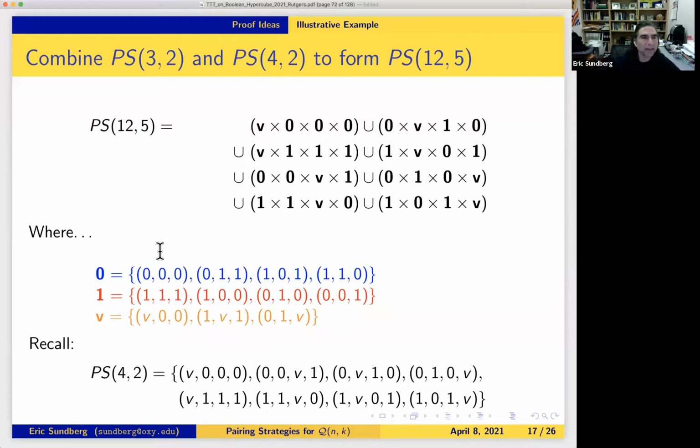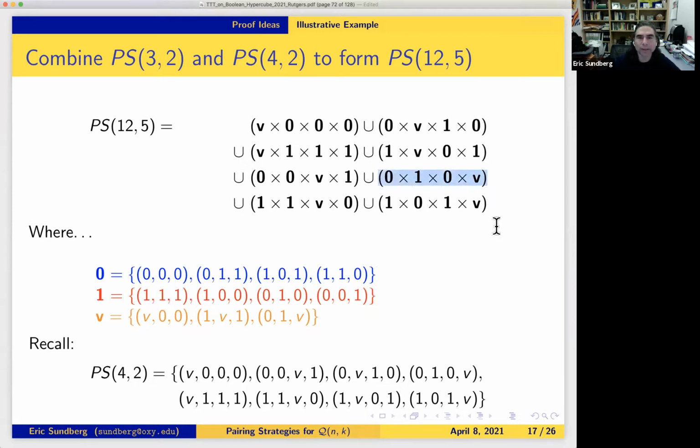The bold 0 has these length 3, 0, 1 vectors where each of them has an even number of 1s. The bold 1 is these length 3, 0, 1 vectors where each of them has an odd number of 1s. And then these are the 3 edges from PS32. And we create these Cartesian product sets based off of these 3 sets.